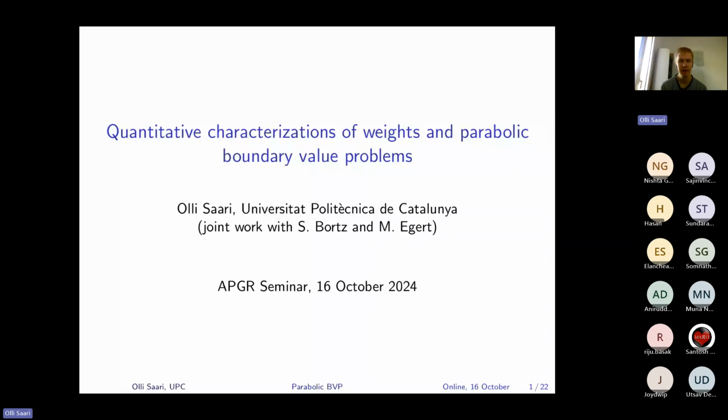First, there is a result on elliptic boundary value problems, which I will discuss a bit more in detail, because this is a work that has already been posted in arXiv. And then there is the second part about the parabolic boundary value problems, which is about to be posted, hopefully within 2 months.